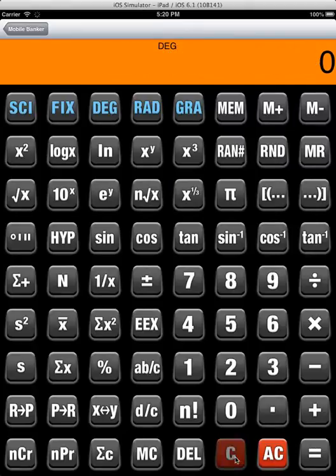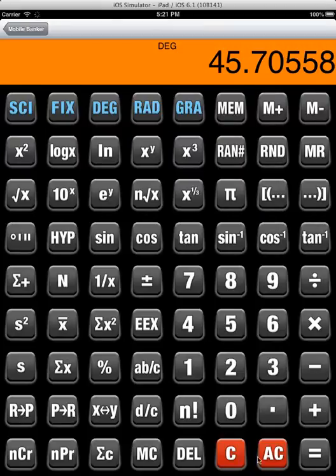And then say a rectangular to polar, 45 and this, so x to y. Okay, so rectangular to polar, so 12, 5, and then 12, 5.